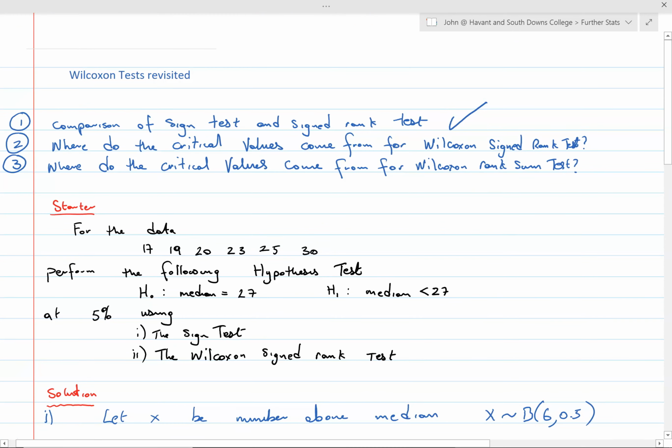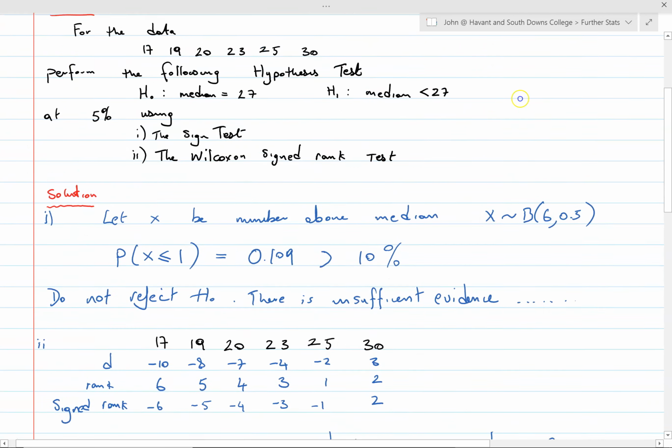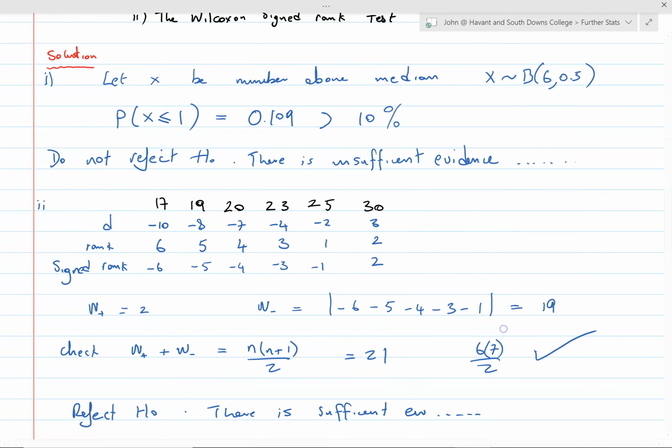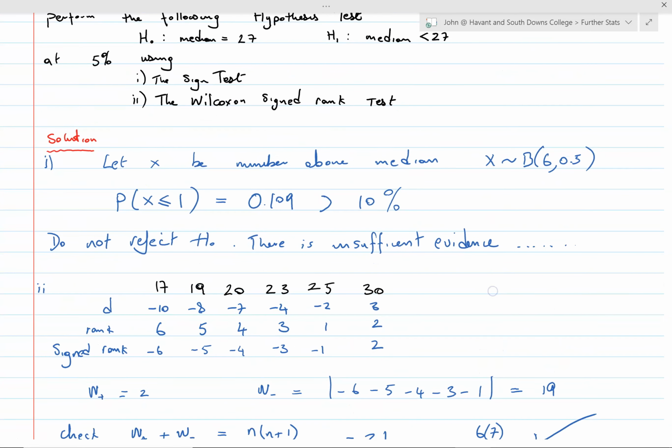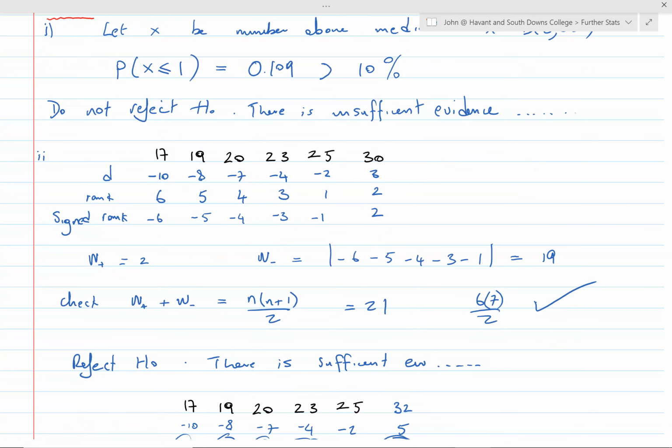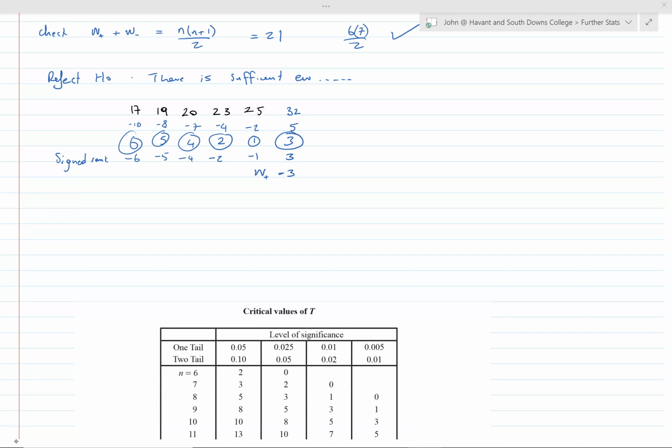Hopefully we can see the comparison of that. I want to look in detail now at where these critical numbers come from. So why was 2 considered critical and 3 not in our hypothesis test here? In other words, why is 2 the critical value?